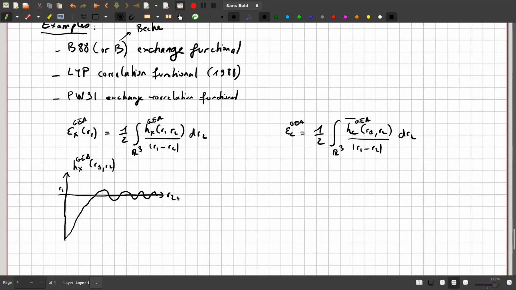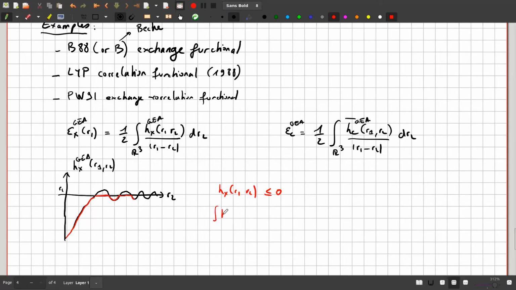So what Perdew and Wang did was, in fact, to introduce some cutoff in order to restore the negativity condition. So they wanted to restore this condition. So they cut all the positive part of the hole, like that.